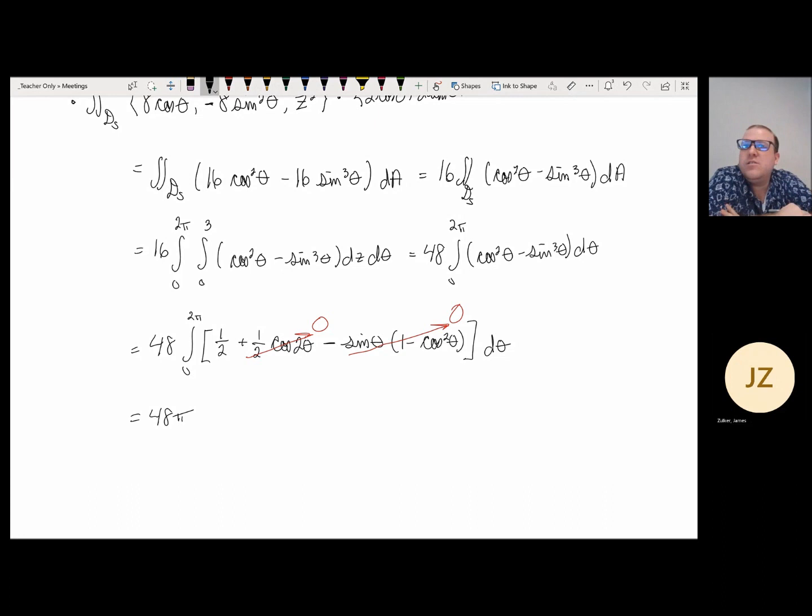Then times 48. What was the first one? Flux is 84 pi.